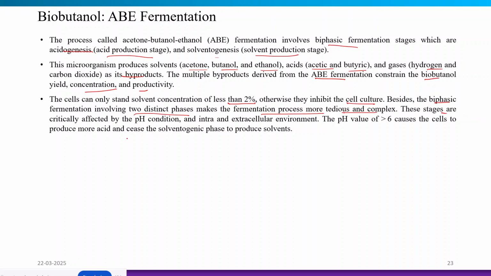These stages are critically affected by the pH conditions and the intra- and extracellular environment, like perfectly anaerobic conditions, temperature, and pH. When the pH value is greater than 6, it can cause the cells to produce more acid, so our objective will be hampered. Maintaining the pH properly shifts the culture to the solventogenic phase to produce more solvents.